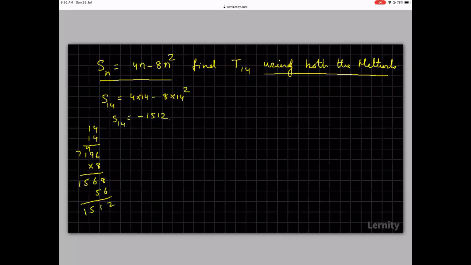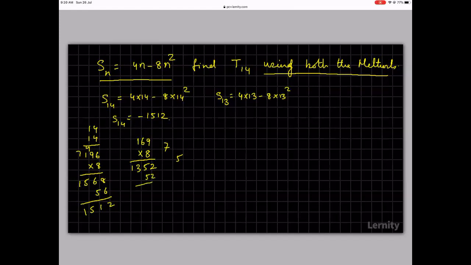I hope you are able to understand. Next, S13. S13 is equal to 4 into 13 minus 8 into 13 squared. 13 squared is 169. 169 into 8 is 1352. 13 into 4 is 52.